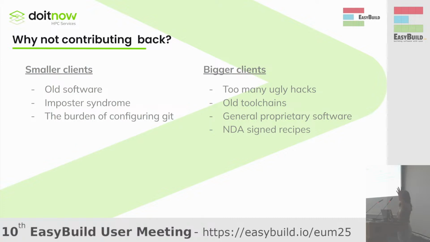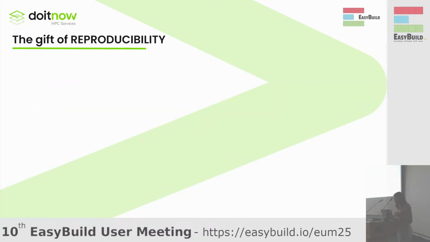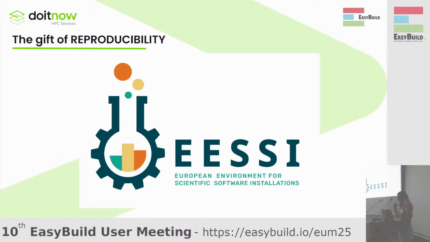So if we have problems contributing back, and if we have problems with reproducibility, maybe we need to think about how we share software entirely. And of course, you've seen the talks before mine, and you know what I'm going to say. But there's already a solution, a very cool project done by very cool people here in the room that ships scientific software straight to your machine, called Easy.